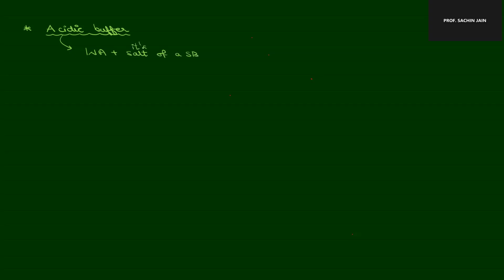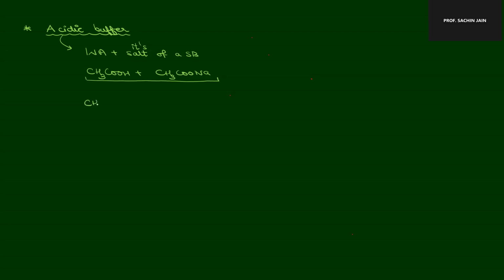Weak acid का salt of a strong base. Meaning if you have any weak acid like acetic acid and there is a salt with a strong base like NaOH, that is sodium acetate, then such type of mixture of acetic acid and sodium acetate will form a buffer solution.